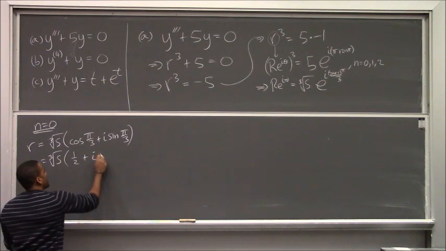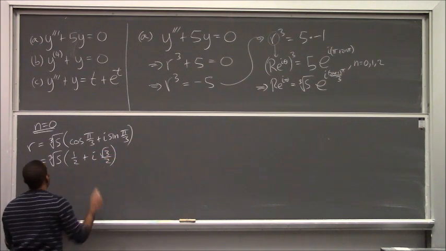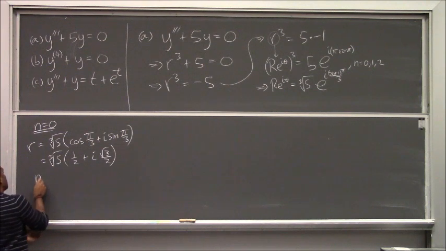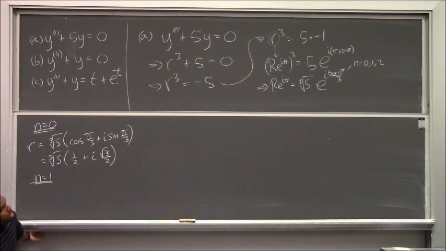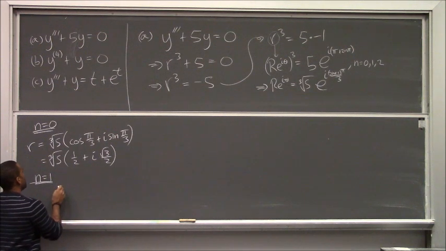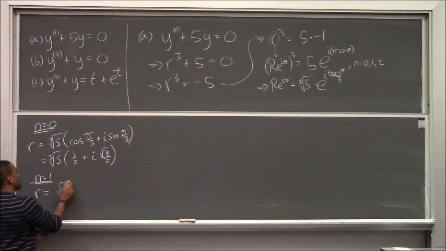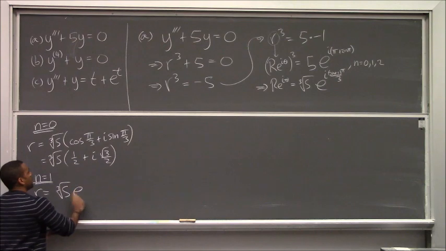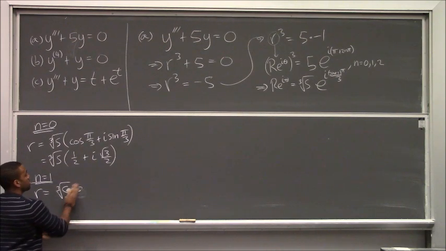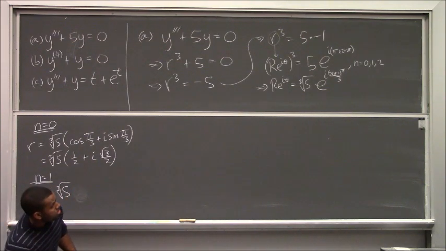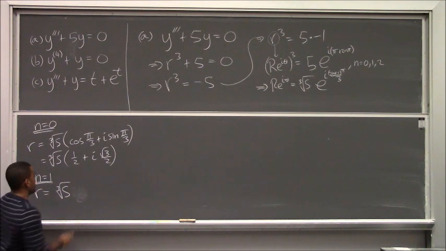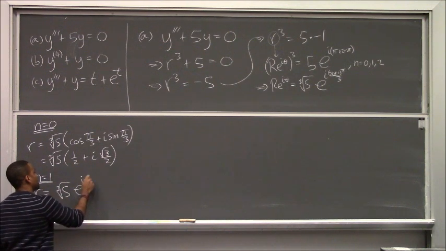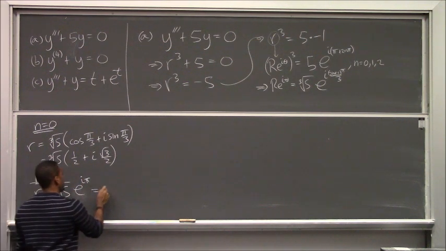Sine of pi over 3 is root 3 over 2. Plug in n equals 1. Then our r would equal the cube root of 5 times e to the 3 pi i over 3, which is just e to the i pi. We know that's -1.